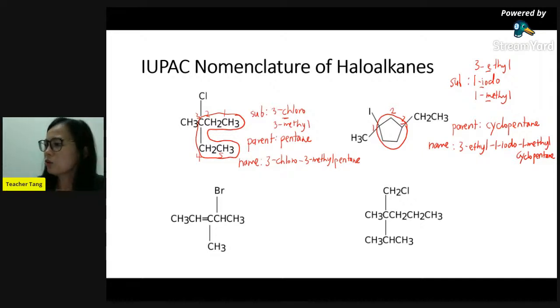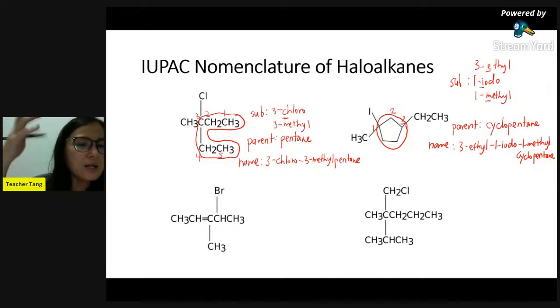Now we move on to the next one. Shall we see where the longest continuous carbon chain is? Can you see here there's a carbon-carbon double bond. The carbon-carbon double bond must be in the parent, as it has higher priority.